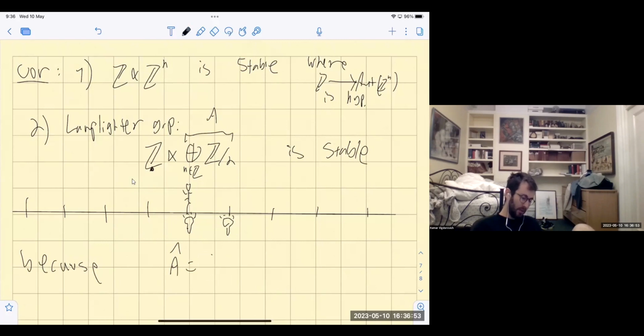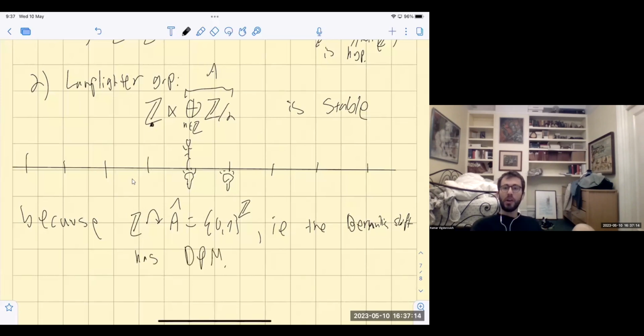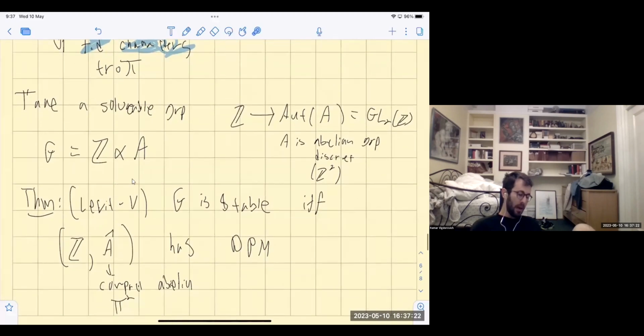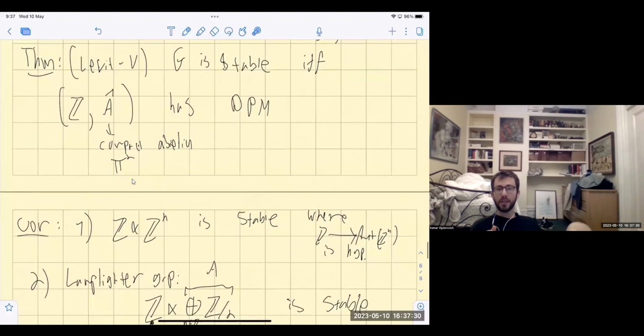So it's exactly the Bernoulli shift, which has dense periodic measures. So I'm showing you how the stuff we studied before is basically what we did. We realized that certain questions in group stability can be traced down to questions about dynamics, and then by studying the dynamics, we get the answers to those questions.